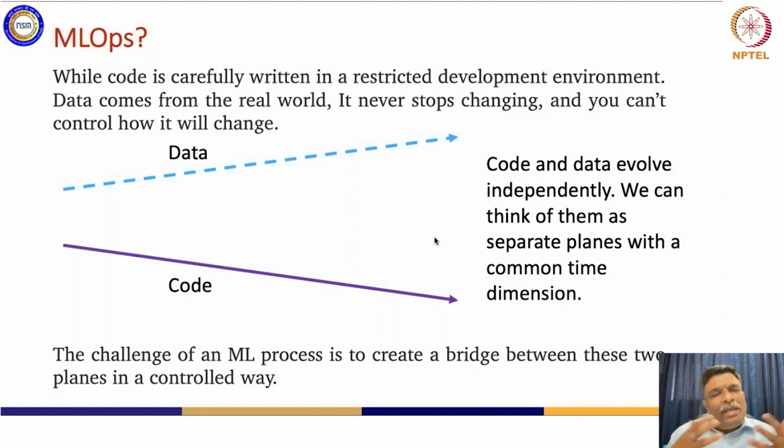Now, when you say there is an ML process which needs to be maintained, the challenge of an ML process is to create a bridge between these two planes such that it synchronizes and orchestrates things very effectively. So this is how MLOps needs to be understood, right?